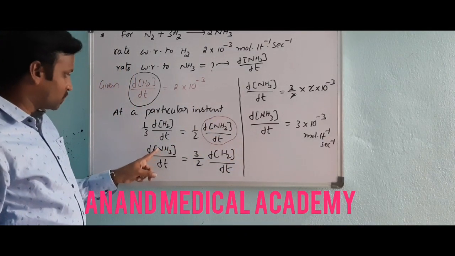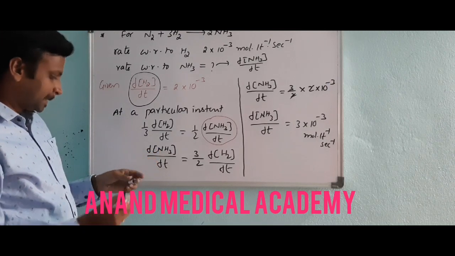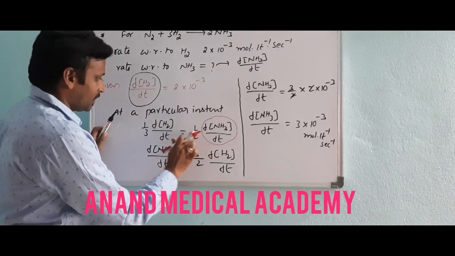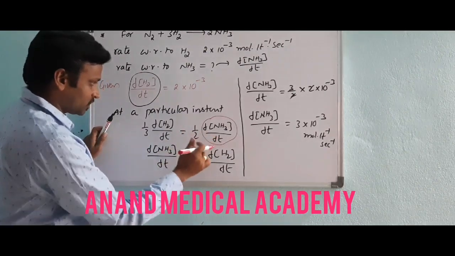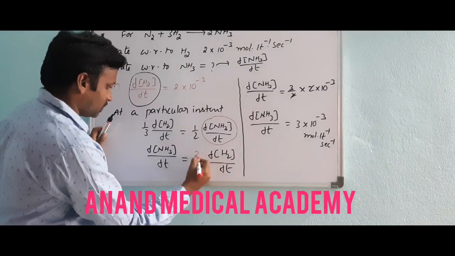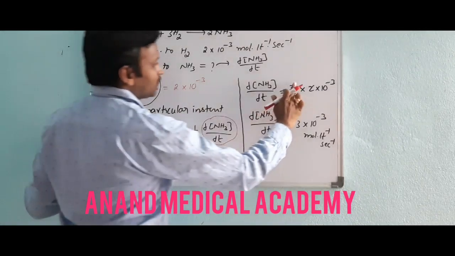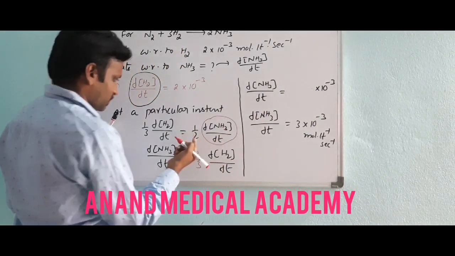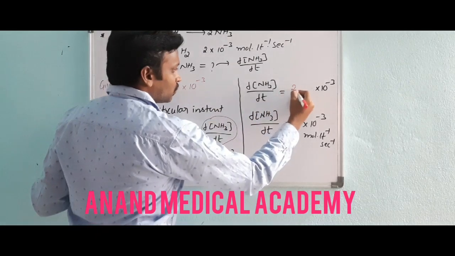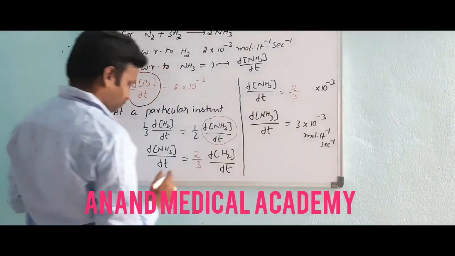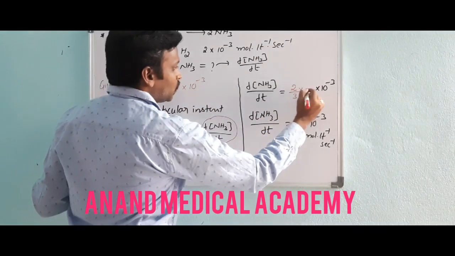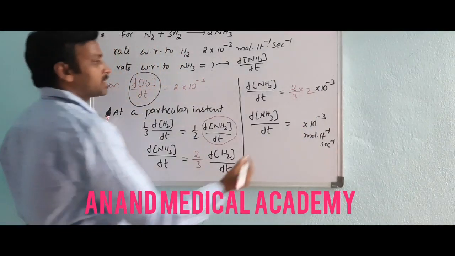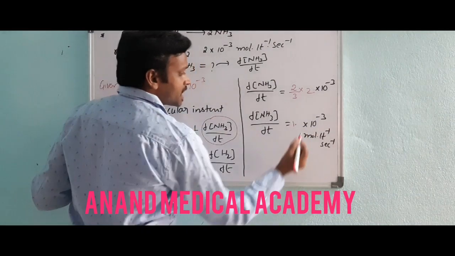So rate with respect to, here one small thing, here it is rate with respect to NH3 now. So it is 2 by 3, sorry. So 2 by 3, this 2 will come here, so 2 by 3 into 2, that means 4 by 3. 4 by 3 means 1 point.